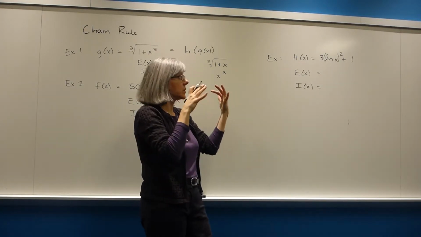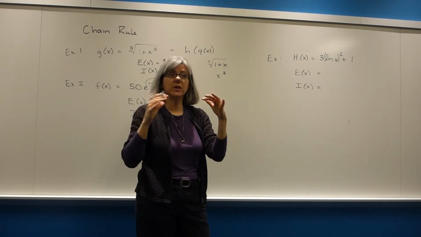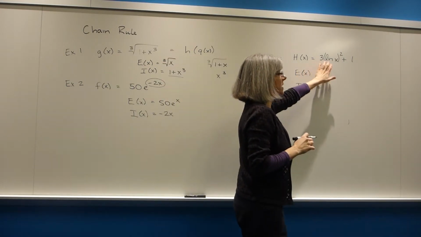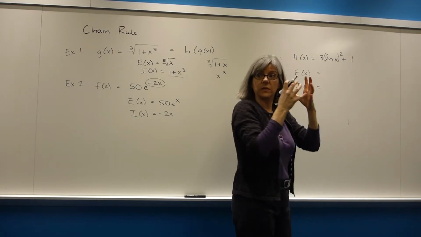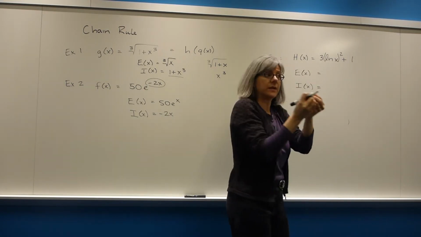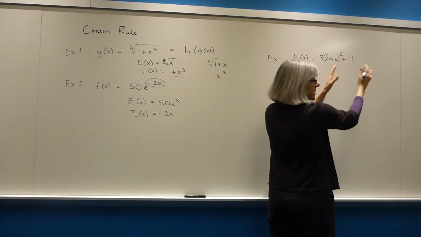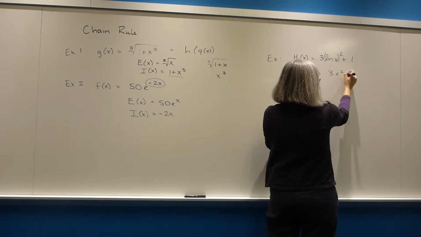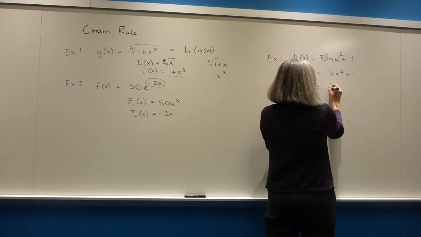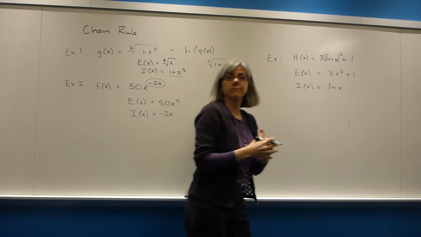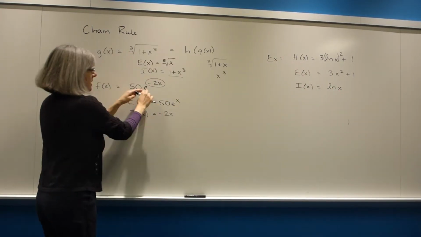And so what you're looking for when you're looking for the inside-outside pattern is, when I'm reading across, I'm saying 3 times something squared plus 1. The something then becomes the x of your outside function. So 3 times something squared plus 1. What was the something? Okay, so 50 times e to the something.